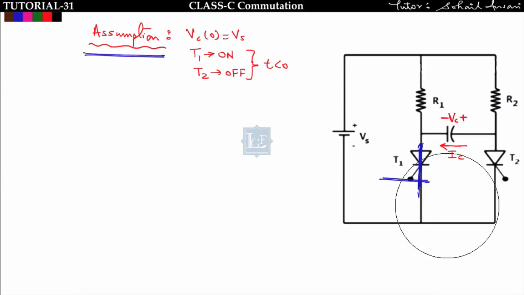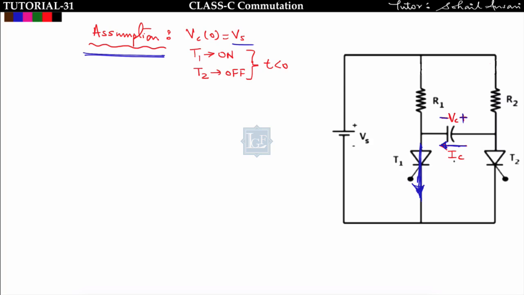Now see, in mode 2 we are assuming that Vc of 0 is equal to Vs, and the polarity of Vc is from minus to plus like this. Initially T1 is conducting for t less than 0, and the capacitor current is flowing from right to left.